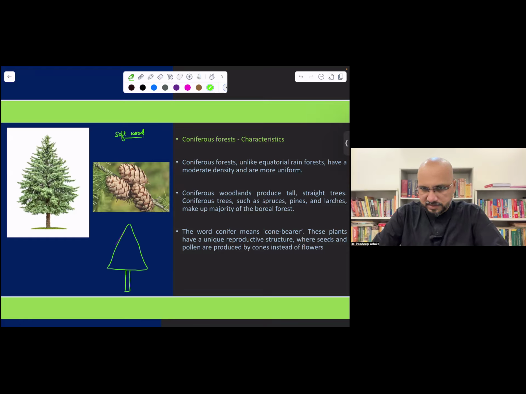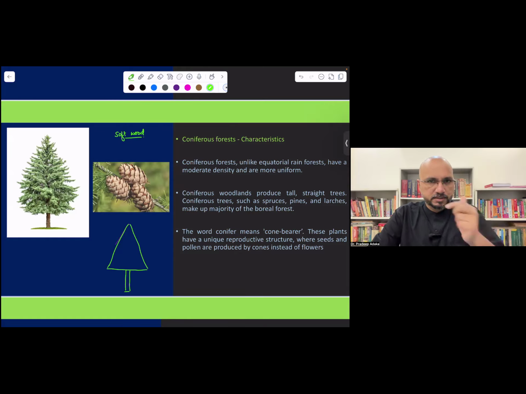That is their general answer, but this is not the correct answer. They are called conifers because of their reproductive structures. So these conifers are gymnosperms, right? In plant classification, in higher plants, we have angiosperms and gymnosperms, right? Angiosperms are flowering plants.